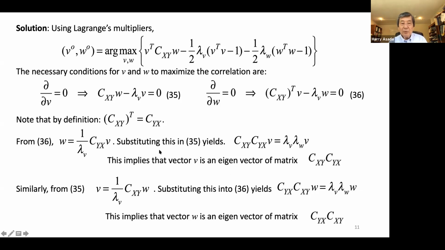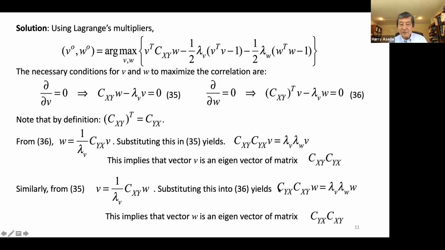Doing the same for this equation, V equals 1 over lambda_V times C_XY W, right? Substituting this into the second equation, you get a very similar but slightly different one.